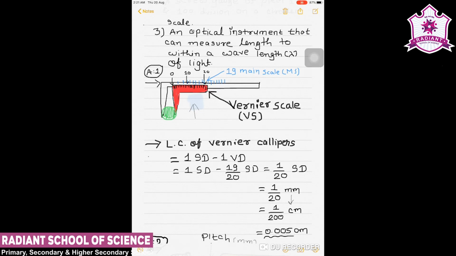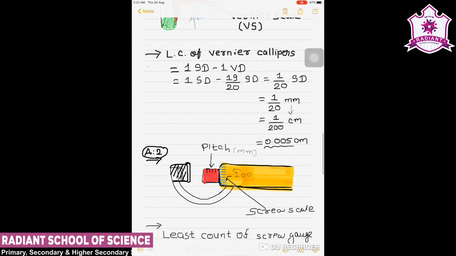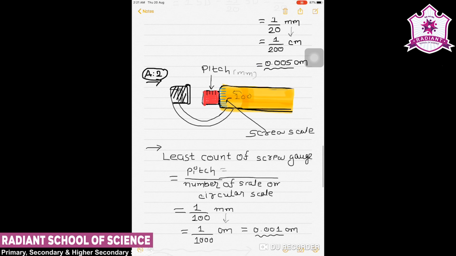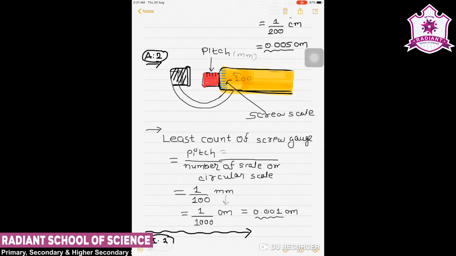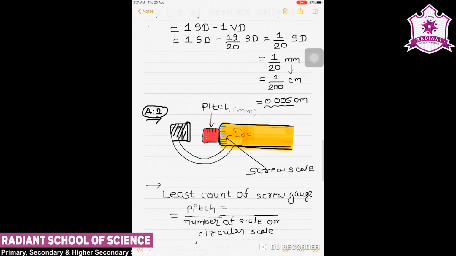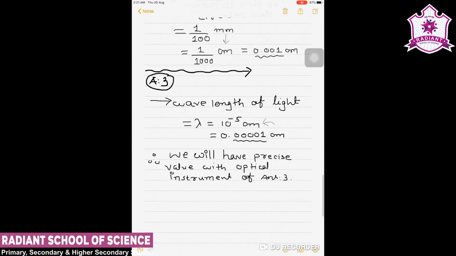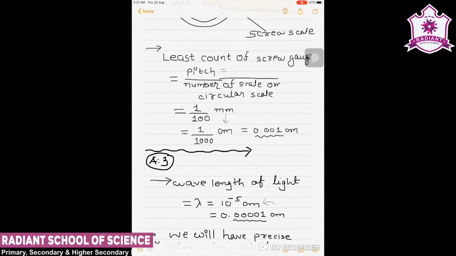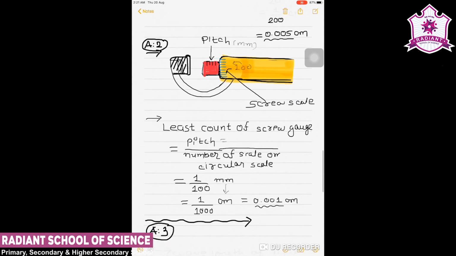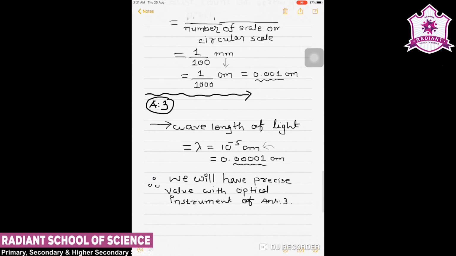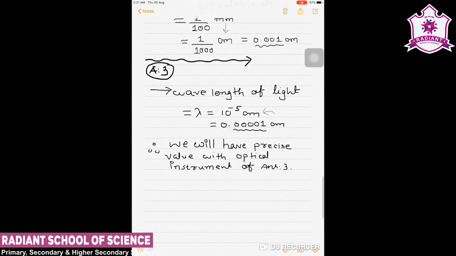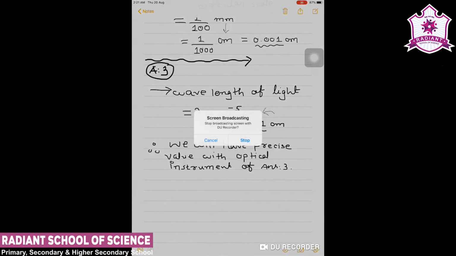Here this 0.005 is a little bit greater than 0.001, and therefore the micrometer screw is more precise than the vernier calipers, and the optical instrument is more precise than the micrometer screw. So ultimately the optical instrument is more precise than all other instruments given in this case.